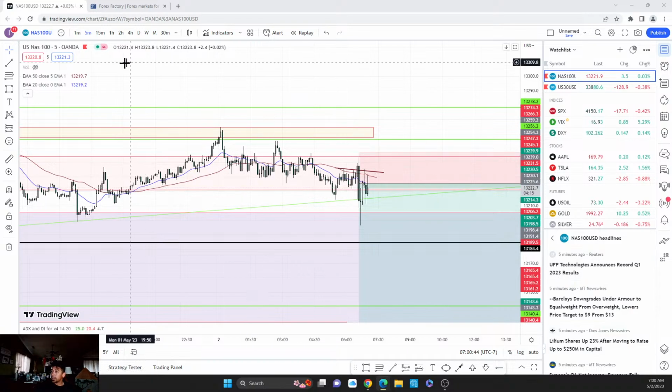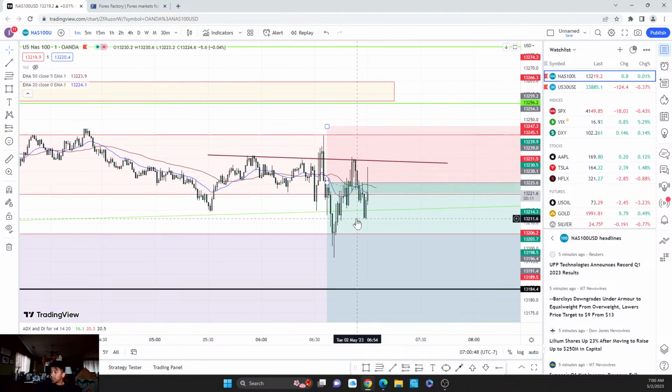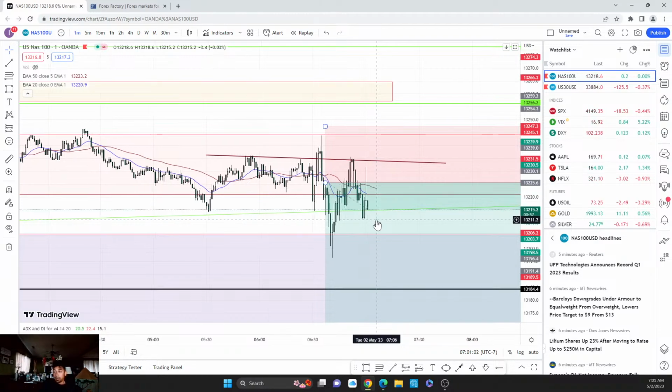But I really don't like the 1 minute rejection off of the trend line. Let's see if this thing can finish bearish and come down. Remember, we're counter trending it, so it doesn't have to go down. This could be it, and it could push up.